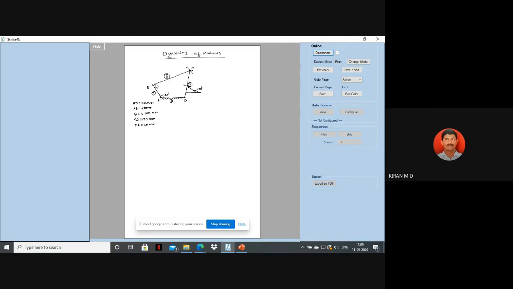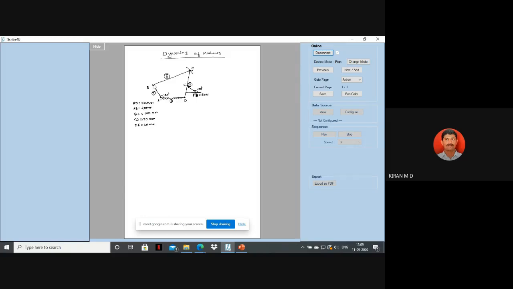Now the force F on E is equal to 80 Newton.